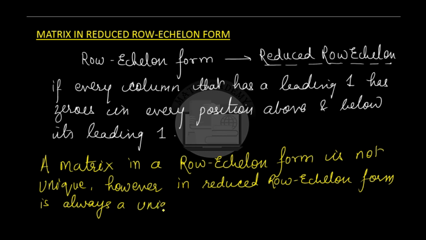This means that if you perform permitted row operations on a matrix, you might get different row echelon forms depending on the operations performed. But whichever row echelon form you get, if you convert it to the reduced row echelon form, there will always be a unique matrix. Fine. So I hope what row echelon and reduced row echelon form are is clear to everyone.